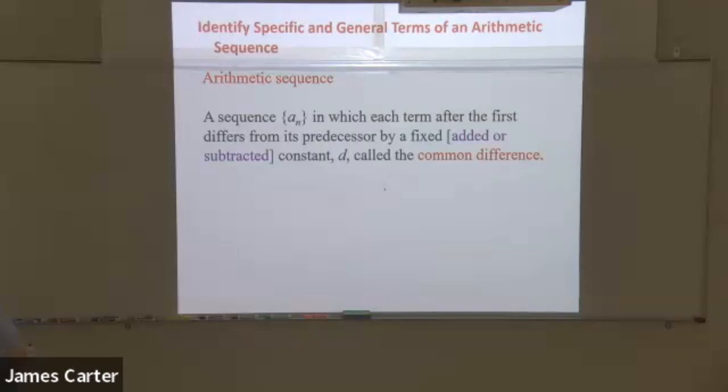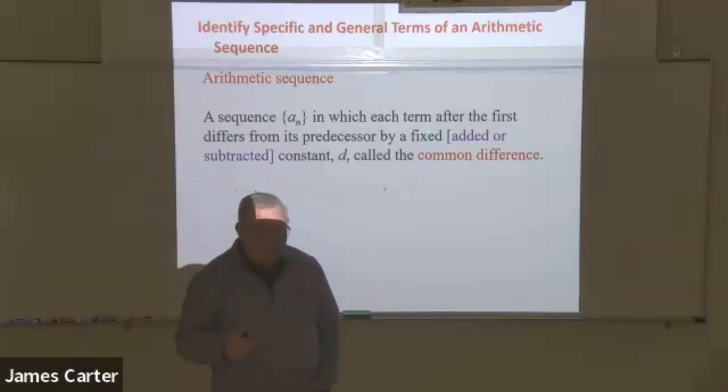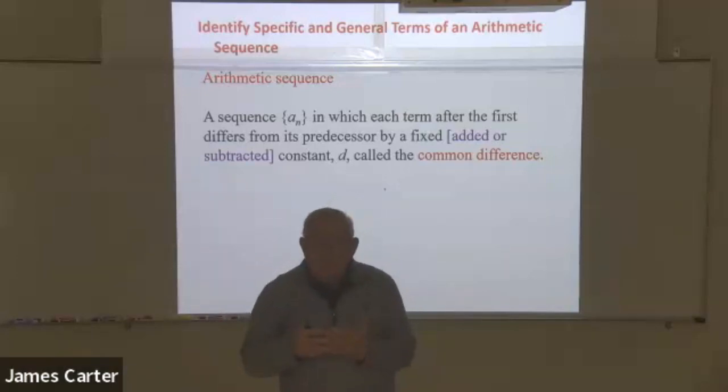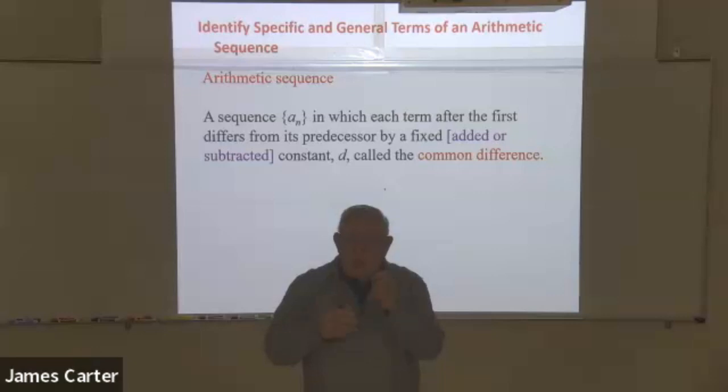Okay, so what is an arithmetic sequence? When you have a sequence and we call it arithmetic, that means that if the first term is 5, to get the second term, I've got to add some certain amount.